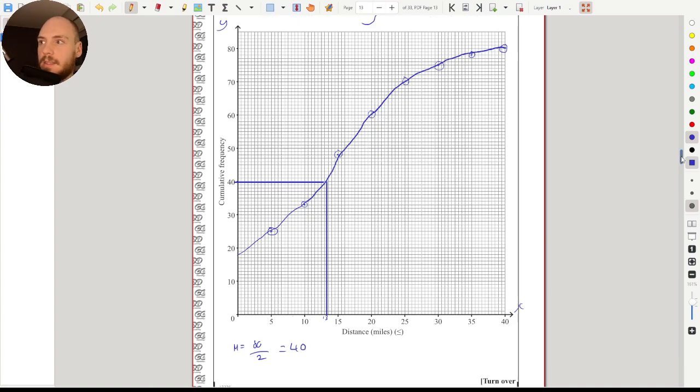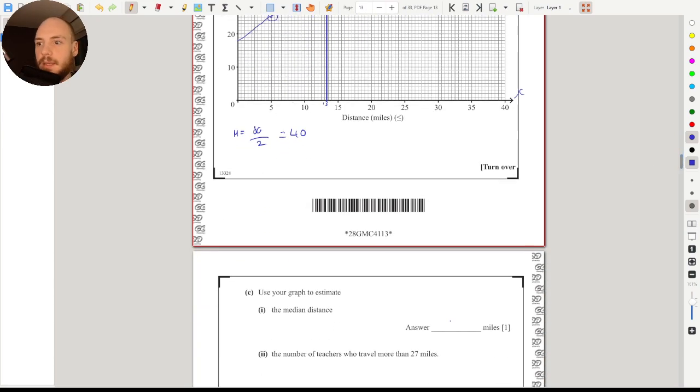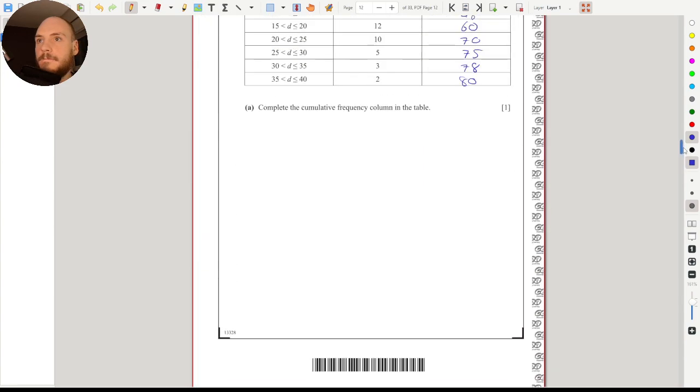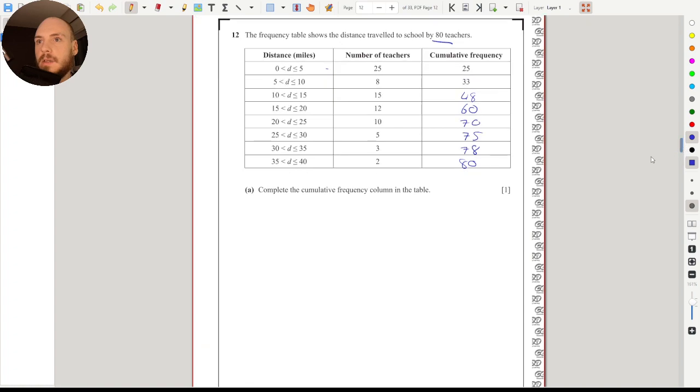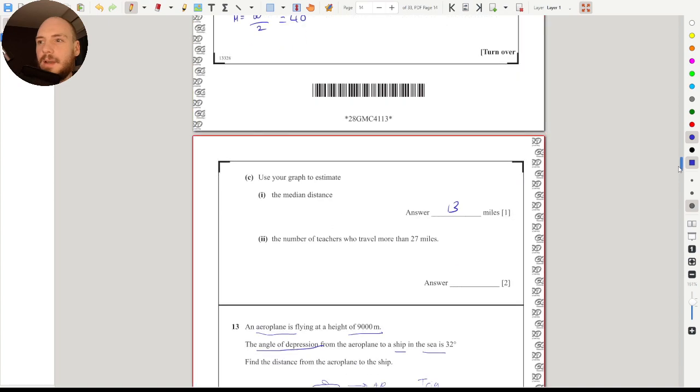Less than 13 miles. In terms of our distribution, more than half of our results are between 0 and 15, so it makes sense that we're around the 13 mark. I would say 13.